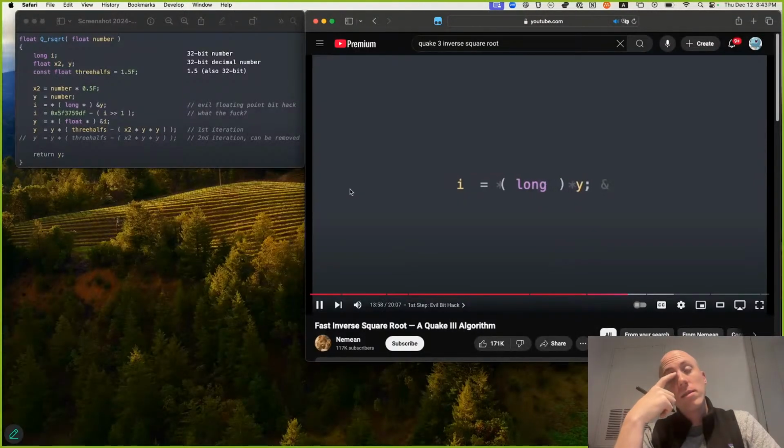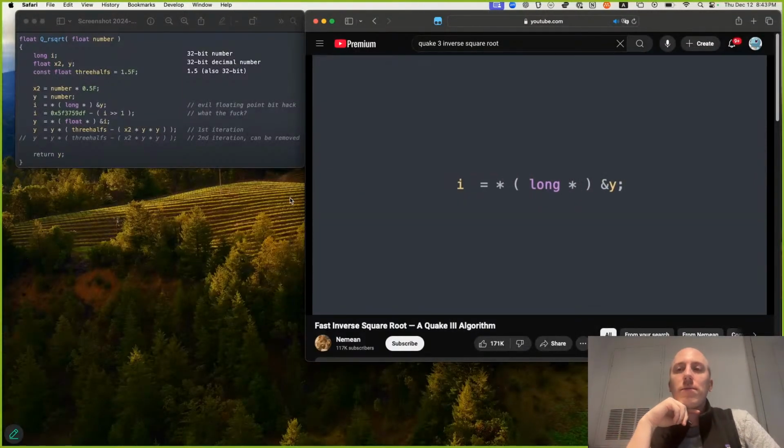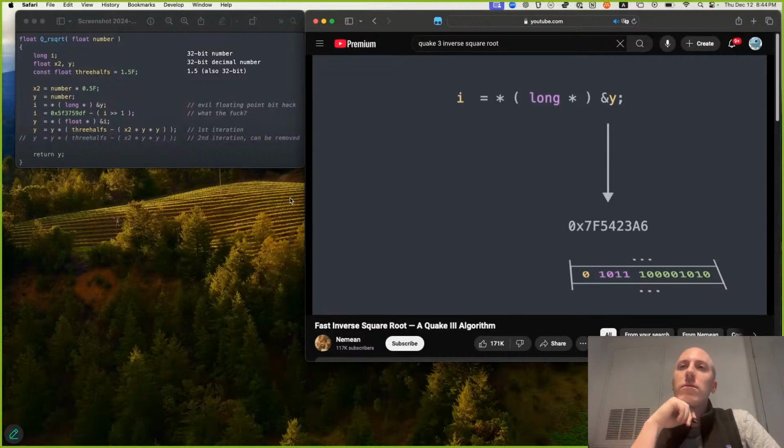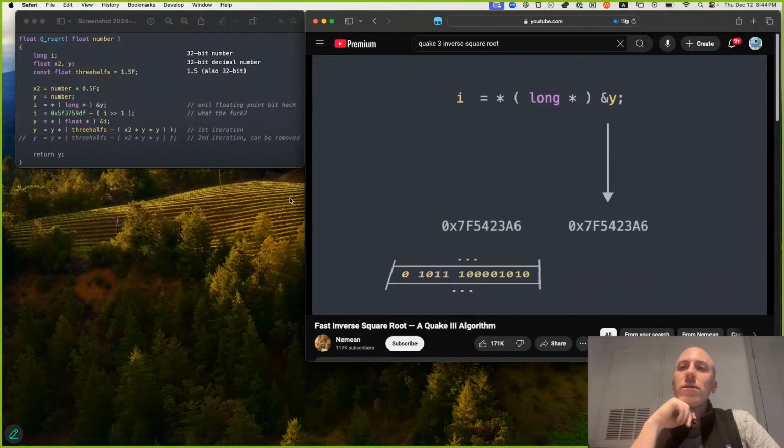The way you achieve this is to convert the memory address, not the number. First, we get the address of y. This is the address of a float. Then you convert that address from a float's address to a long's address. The address itself doesn't change, but C now thinks that the number living at that address is a long.